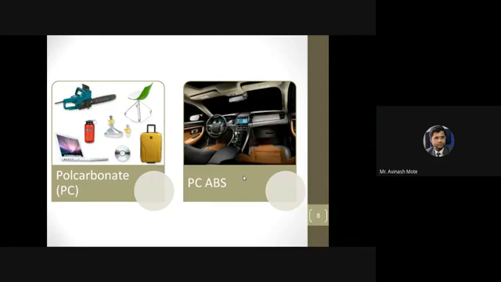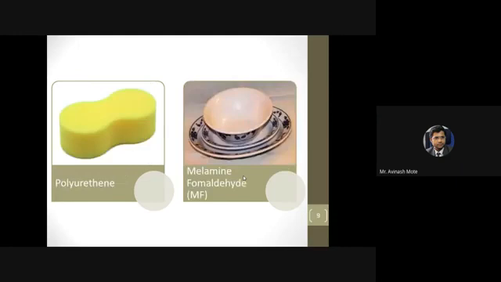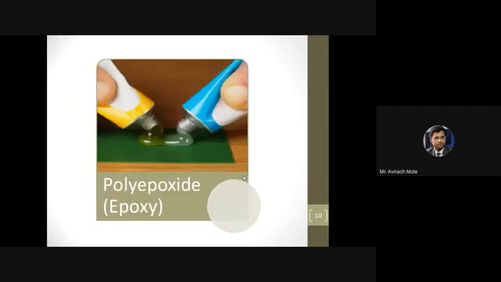Then the combination of PC and ABS, mostly for vehicle interior design. Polyurethane, which is a foam. Then melamine formaldehyde, as a surface covering. And lastly epoxy, mostly used for manufacturing composites.